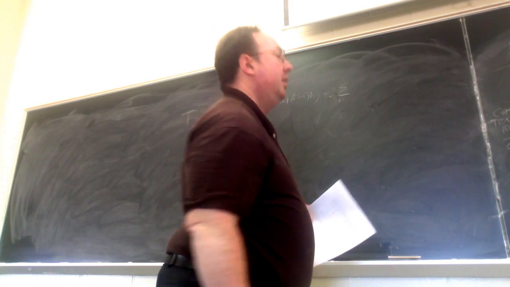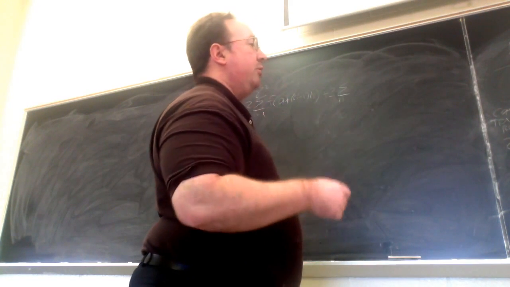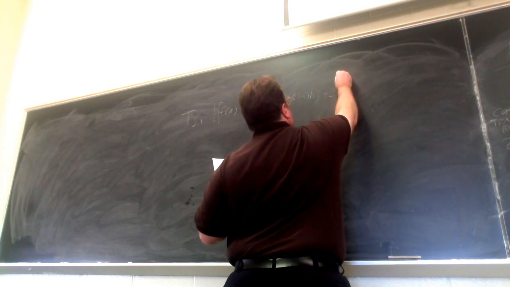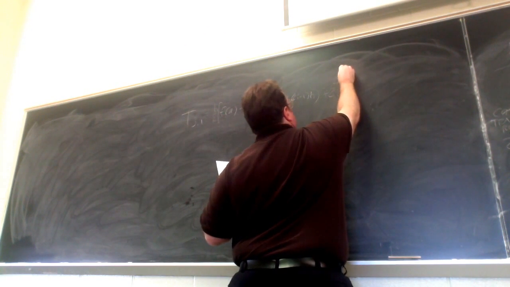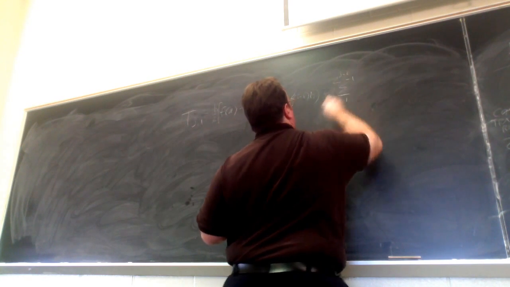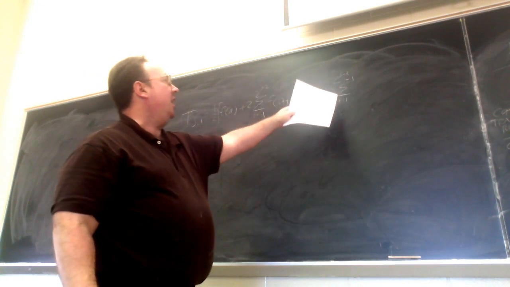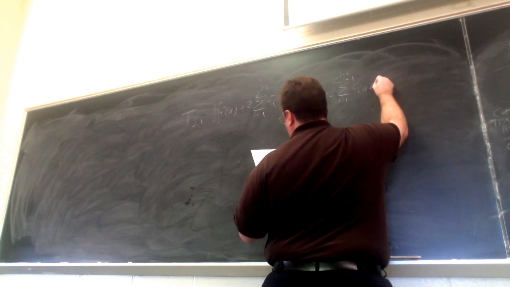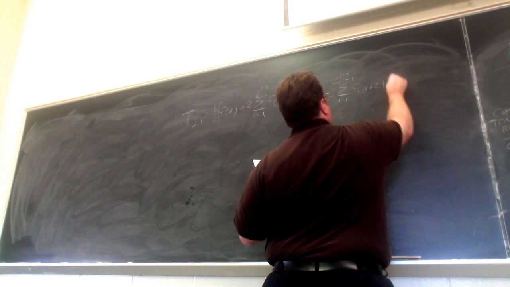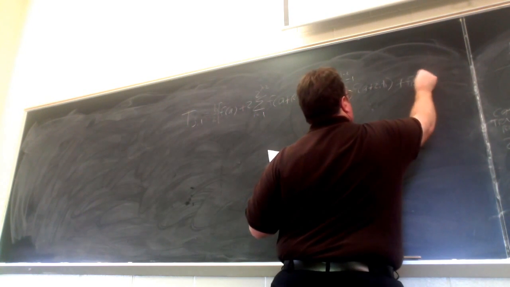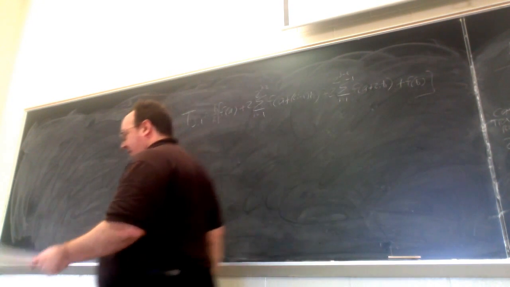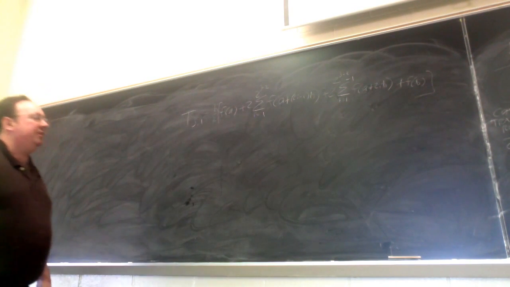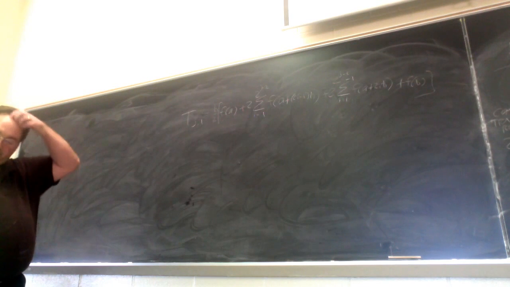And notice, if you look at the previous board, I always have an odd number of interior points. So I have 2 to the j minus 2 minus 1. So I have an even number of points here and an odd number of points here. And this would be f of a plus 2ih, and then plus f of b. Okay. So this is equivalent to what's over there. I've just separated the odd numbered and even numbered interior points.